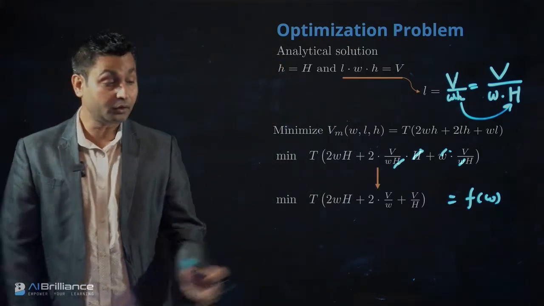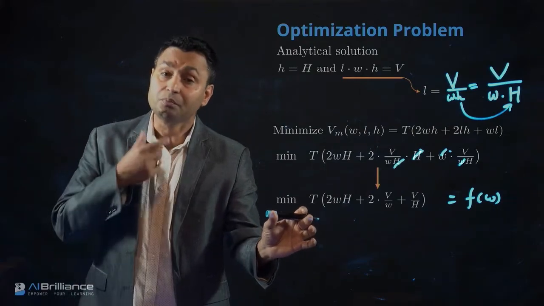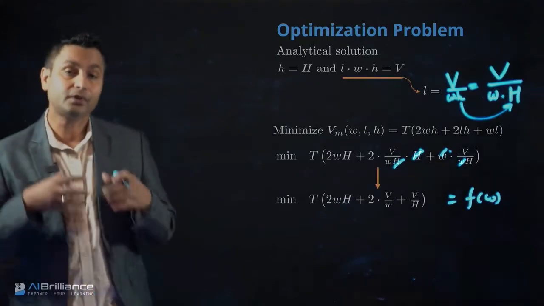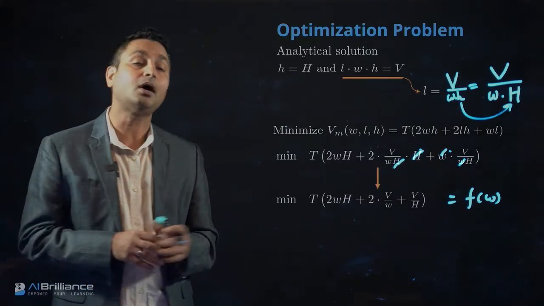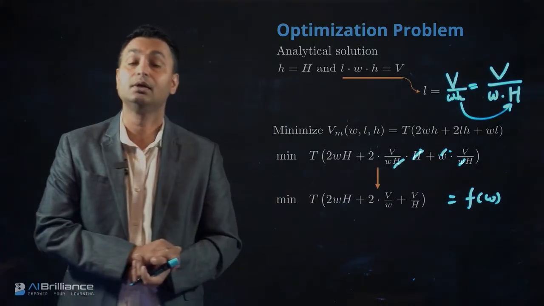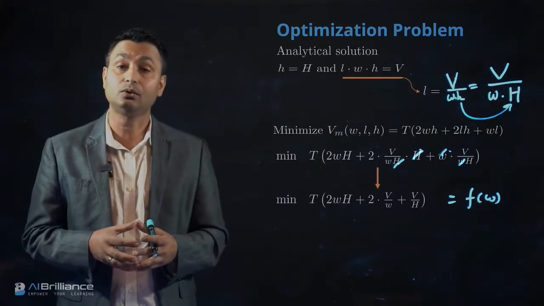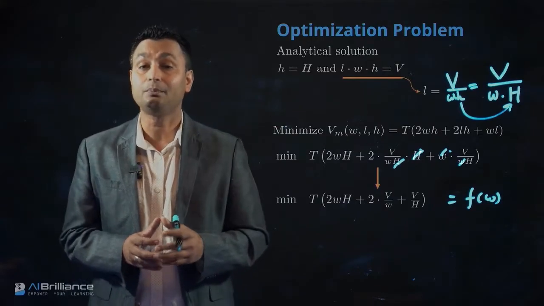Now, what is our objective? Our objective is to minimize this material, and we know from calculus that if we are interested in finding the minima or maxima of a given function, then I can take the derivative of that function and set that equal to 0, and that will help me in solving the problem.